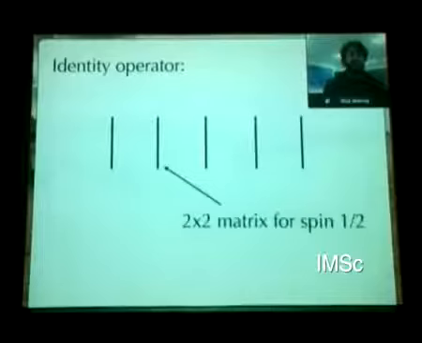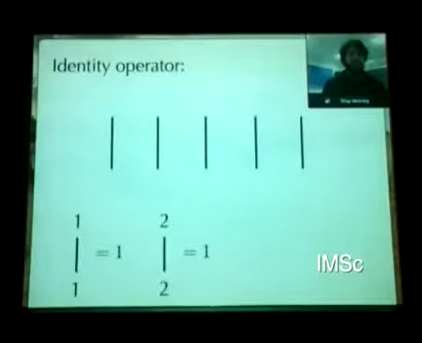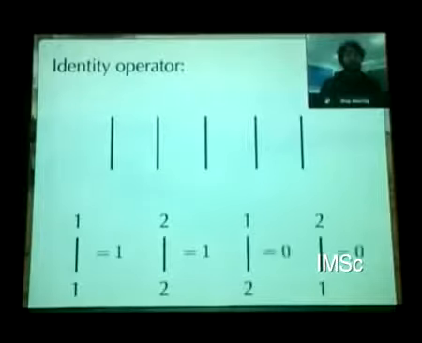So what do I mean by these lines being the identity? Well, a single line in this notation is actually representing a 2x2 matrix for the case of spin 1/2, or d by d if you have your site dimensions d. So this line just means that if the two indices are the same, you get 1. And then if you click again, the two indices are different, you get 0. So that's all the line means. It just means make the two indices at the end of the lines the same.